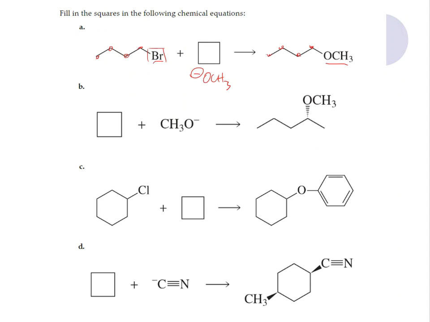Now, I want you to think about this. This is a primary alkyl halide. Primary alkyl halides only undergo SN2, which means that carbon is only a cheater. I want you to start assigning that to each one of these questions as we go forward. All right? That's very important.